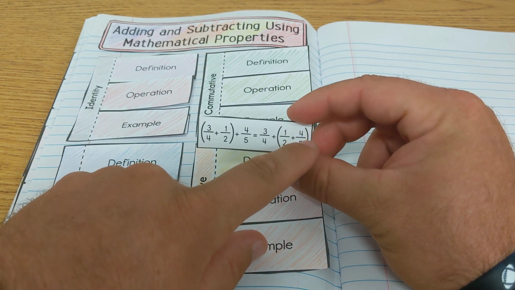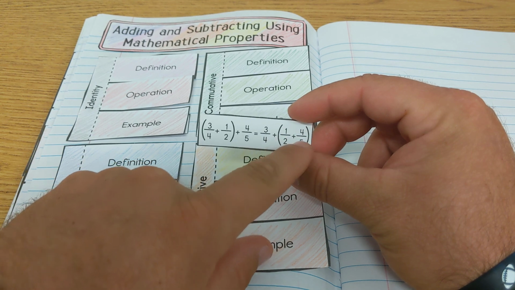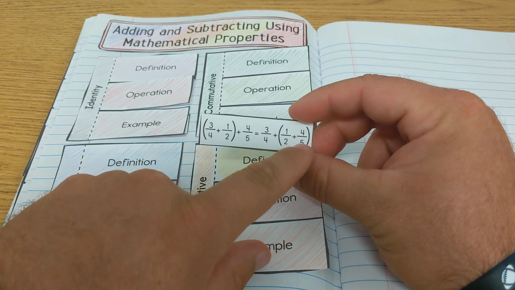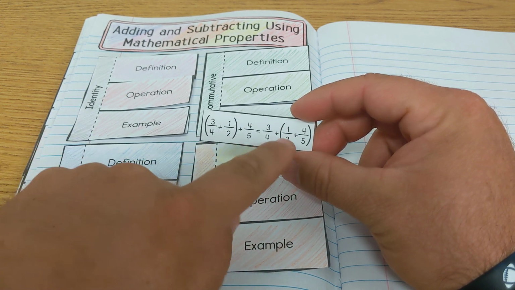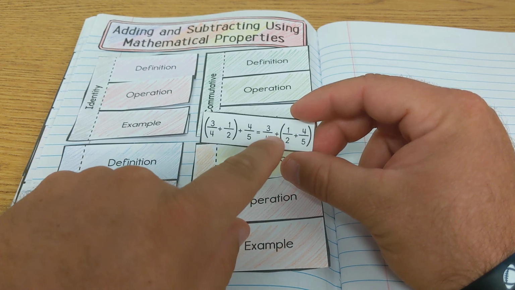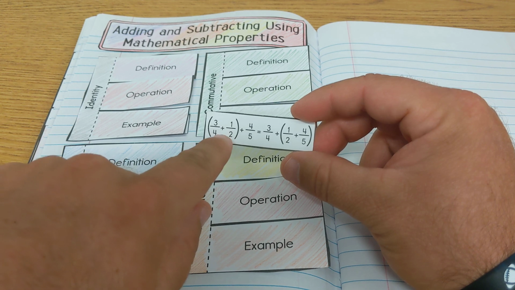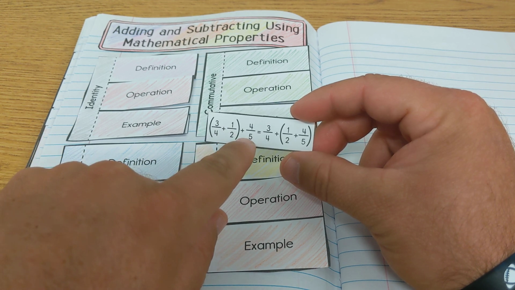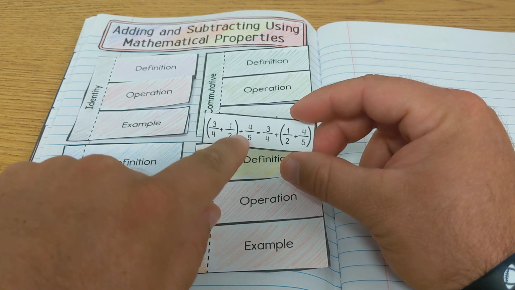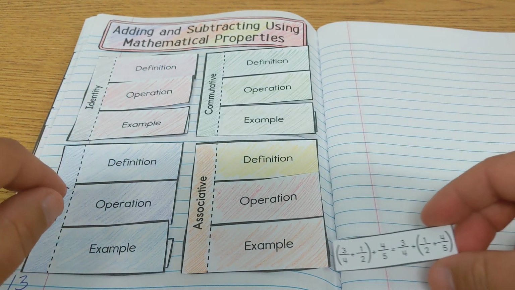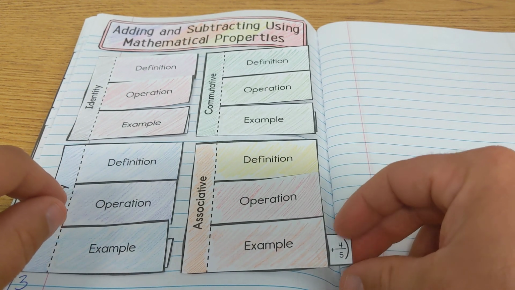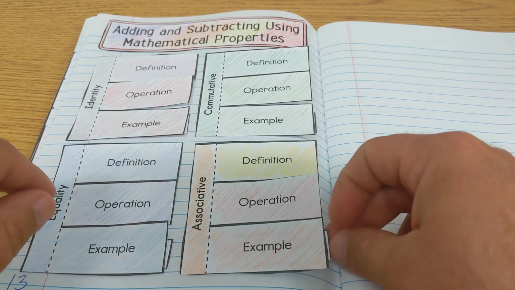If we look, they've grouped 1/2 and 4/5 over here, so they're grouped differently. They want us to add these first and then add 3/4. Over here, they want us to add these first and then add 4/5 to it. So this is the example of the associative property.